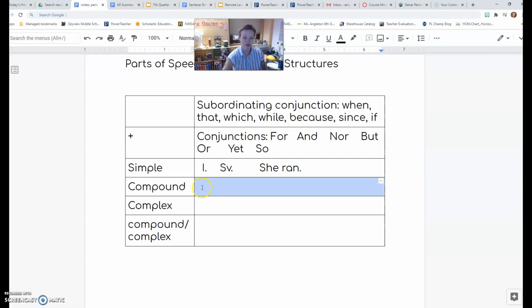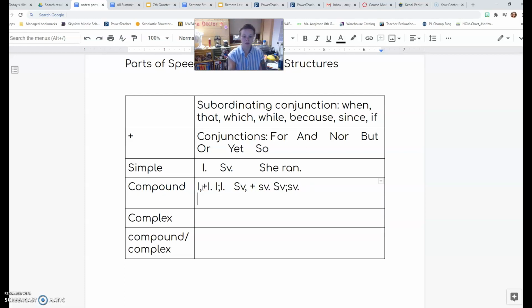A compound sentence would be 2 I's. It would be I, comma, conjunction, I, period. Or you can go I, semicolon, I, period, which would look like subject, verb, comma, conjunction, subject, verb, period, or subject, verb, semicolon, subject, verb, period.